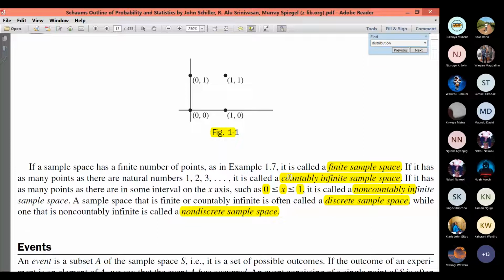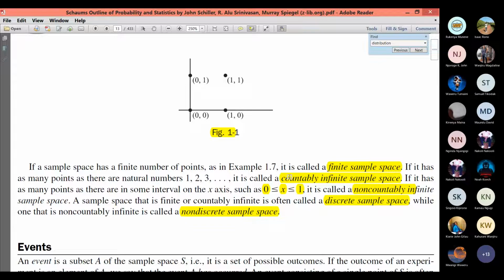Say maybe you're talking about the probability of getting a Kenyan. Let's say you're counting Kenyans. So you want a sample space. So you're taking an experiment that can involve all Kenyans.